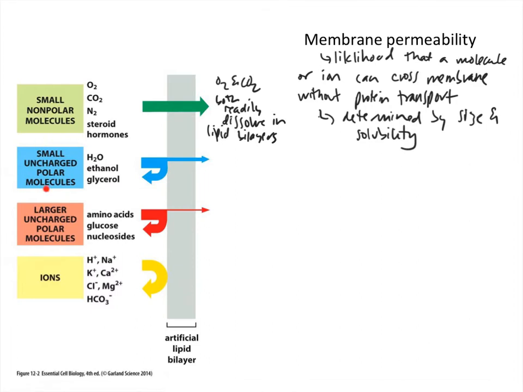Then this next group here has the next level of permeability, so they're not as permeable as the small nonpolar molecules, but they are pretty permeable. These are small uncharged polar molecules such as water, ethanol, and glycerol. And basically, these molecules are going to have some uneven charges, again, because they're polar. So they'll have partial positive, partial negative.